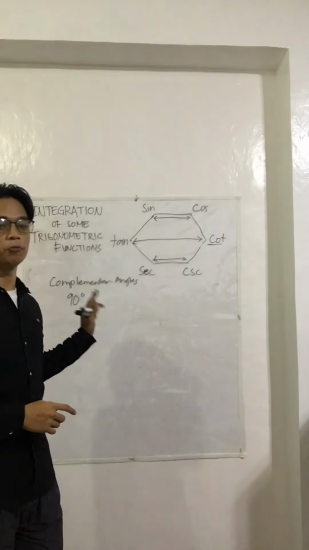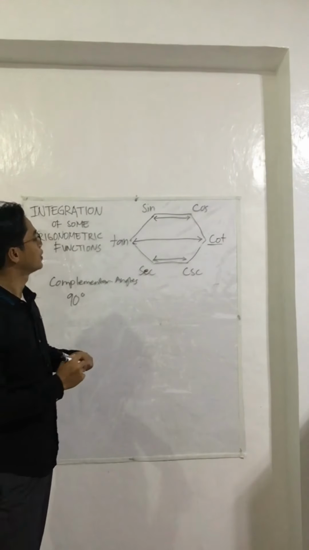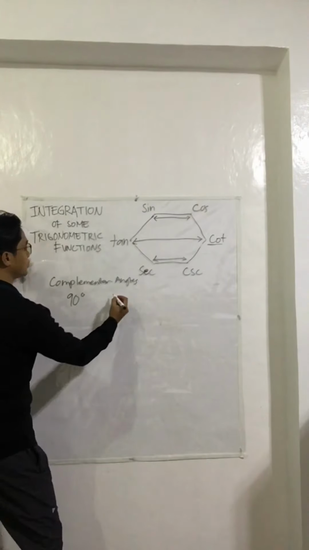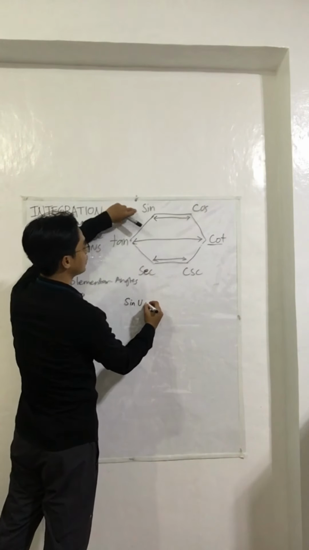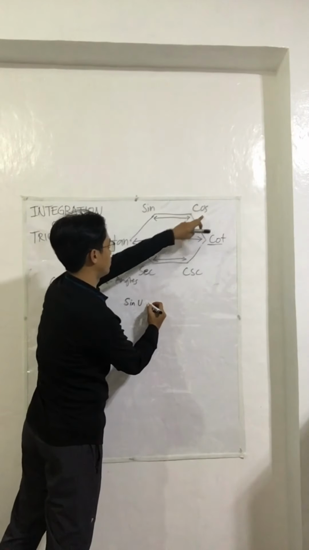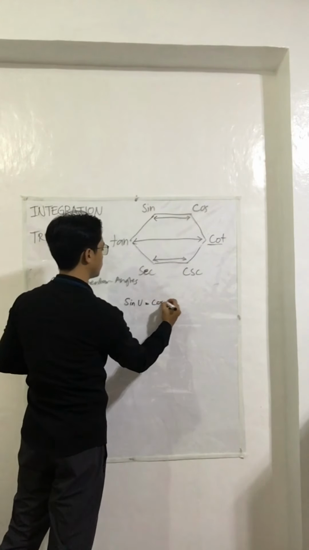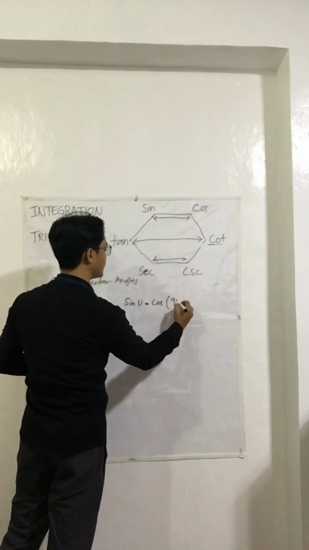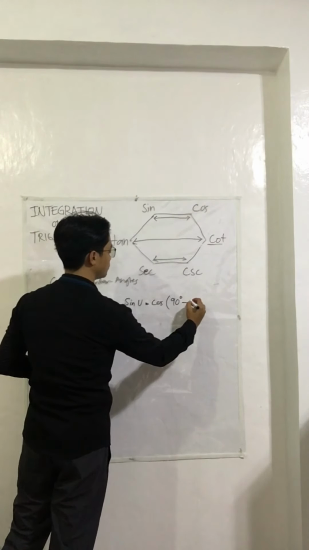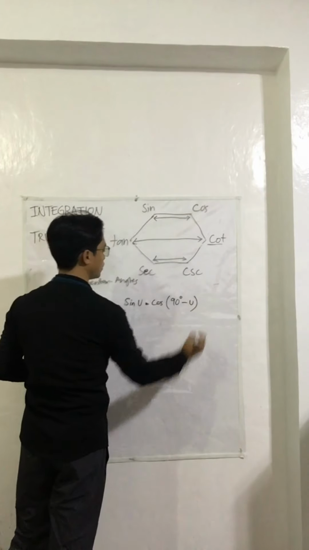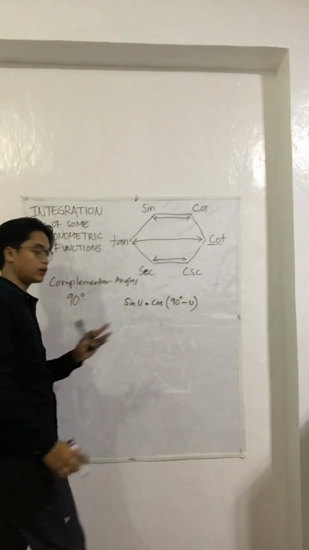So finding the complementary angles, si sine u is equal to cosine, open parenthesis, 90 degrees minus u. So bakit u?